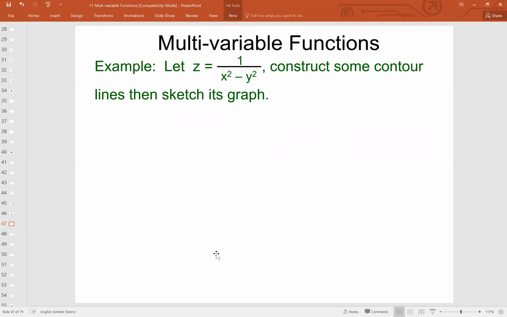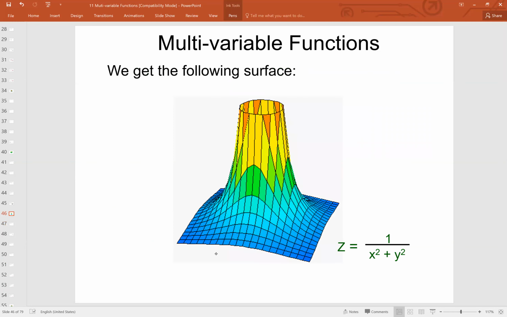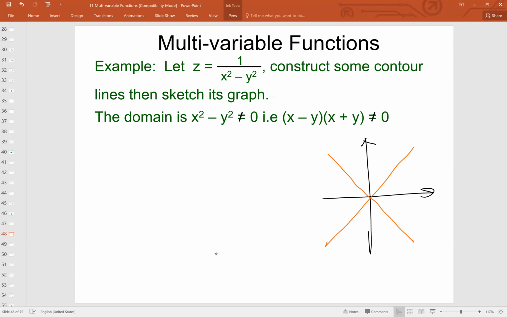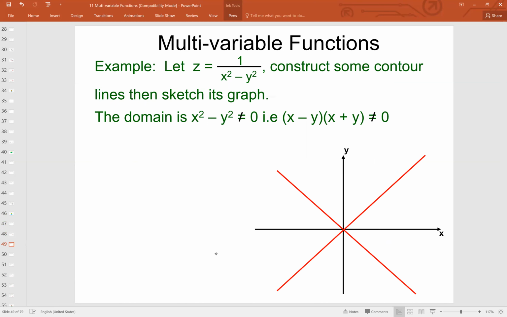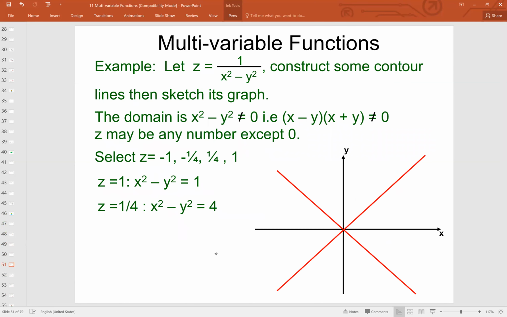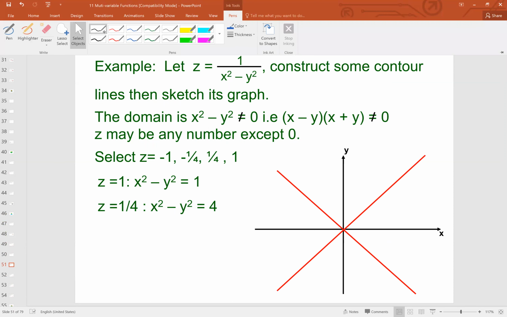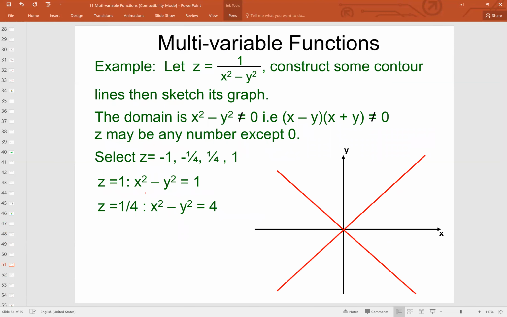How about these? Well, this is in a similar fashion to the way we deal with these problems, where we get a bunch of circles. In this one, when we do the algebra and set z equal to different constants, we find we are getting equations of hyperbolas.